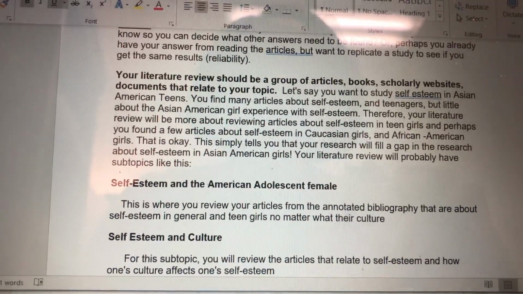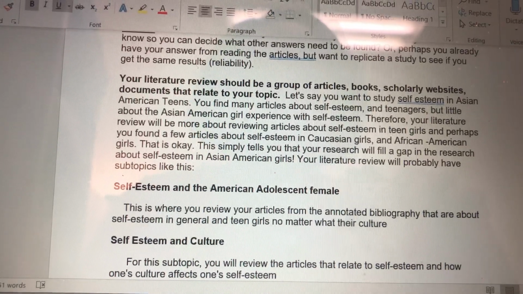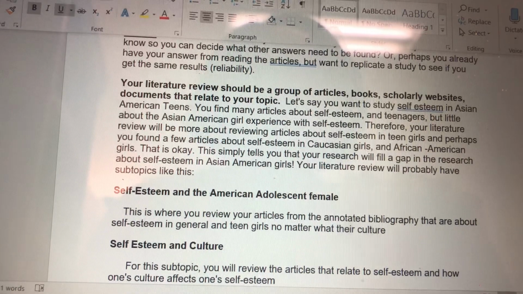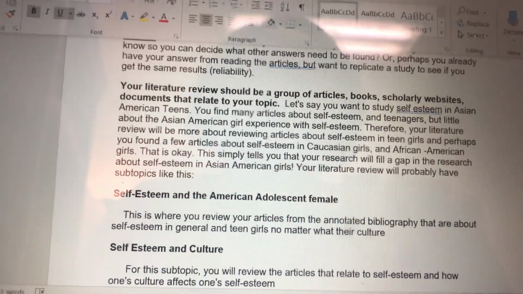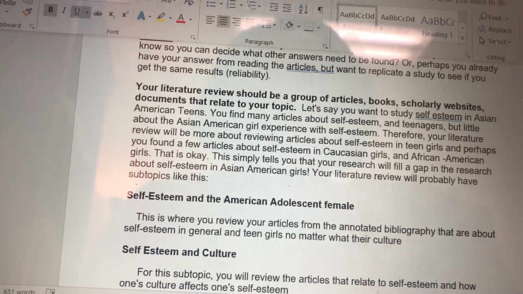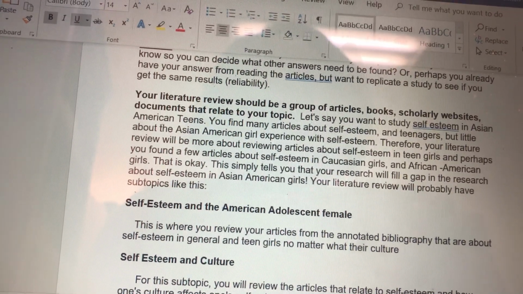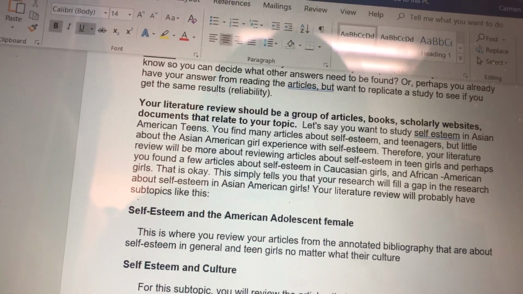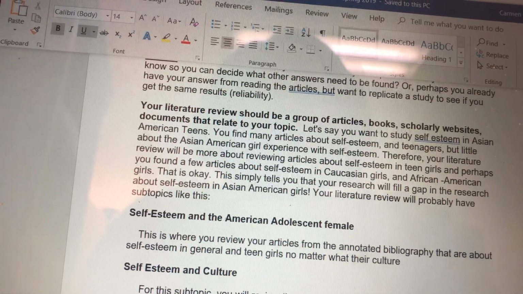You might find some articles about teenagers today, but maybe a little about Asian American girls with their experience with self-esteem. So your literature review is going to be more about reviewing articles about self-esteem in teen girls, and perhaps you found a few articles about self-esteem in Caucasian girls, African American girls. Maybe you just found information about Asian American girls, period.